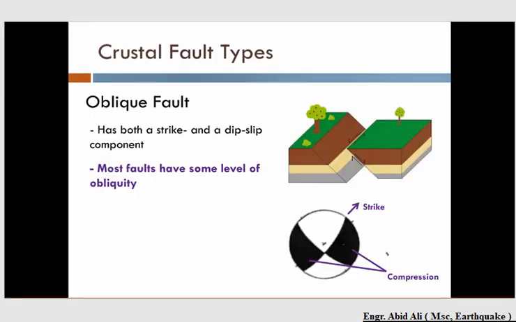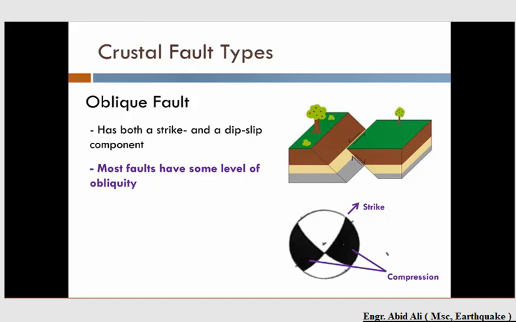Okay, so there is no rule that says earthquakes have to happen in a strike slip or a dip slip orientation. It's possible that they can have a rupture with both a strike component and a dip component. So if an earthquake ruptures down the dip plane but also along the strike, then it is what we call an oblique fault.